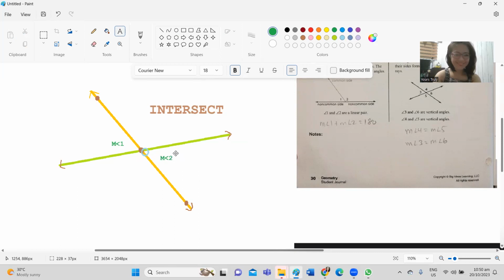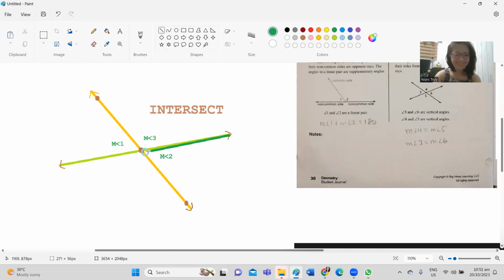Of course, we got another angle, right? Here, this is also an angle. Is that a right angle, acute angle, or obtuse angle? We can figure out that this is an obtuse angle. Why?